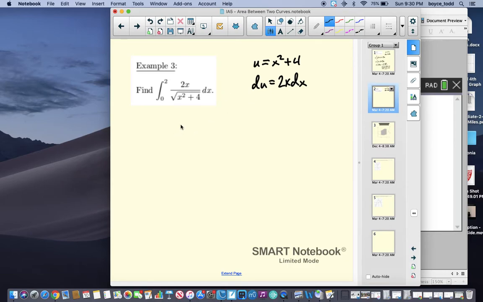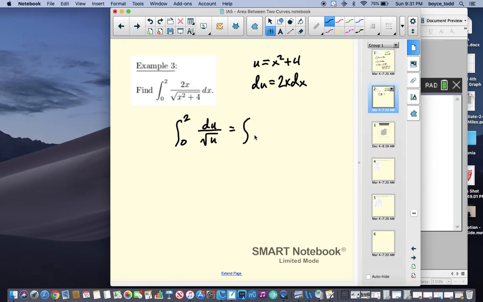So the way I'm going to write this is 0 to 2, and I'm going to have du up here, and then I have square root of u. Okay, now since that's in the denominator, it would be u to the negative 1/2.